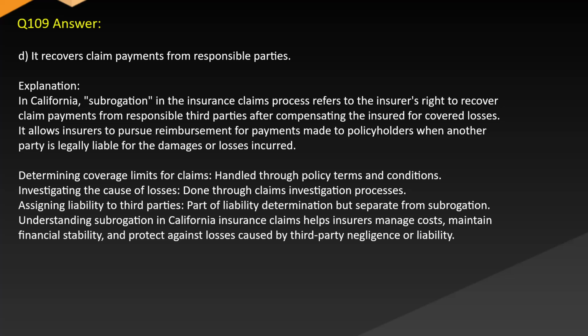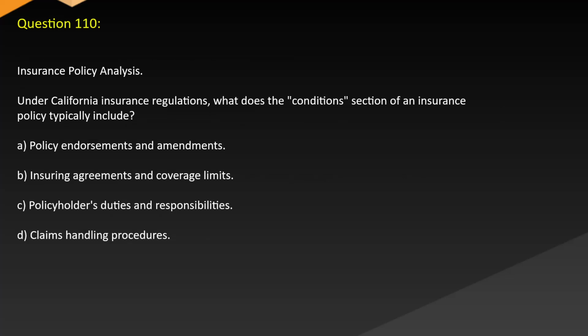Investigating the cause of losses done through claims investigation processes. Assigning liability to third parties, part of liability determination but separate from subrogation. Understanding subrogation in California insurance claims helps insurers manage costs, maintain financial stability, and protect against losses caused by third-party negligence or liability.